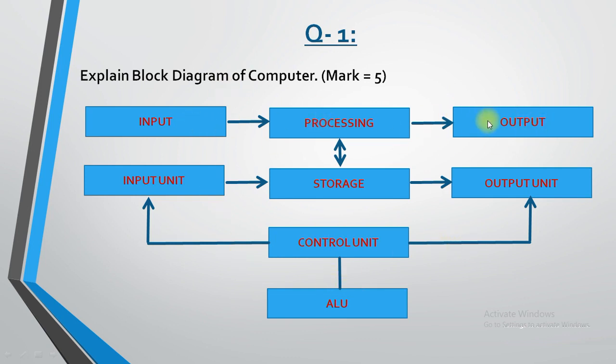Input, processing, output, input unit, storage, output unit, control unit means CU, and ALU means arithmetic and logical unit. These both are connected with a simple line. Control unit to input unit, control unit to output unit, and over here both arrows are connected together. That means both can transfer data to each other.